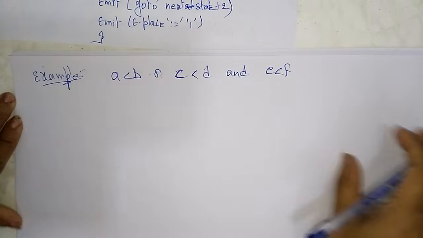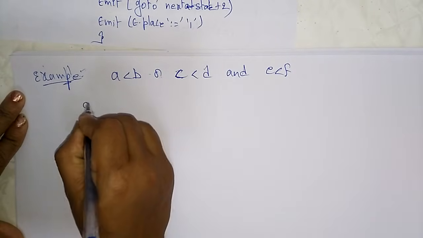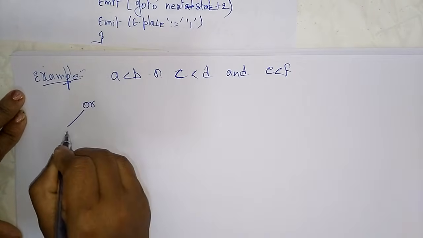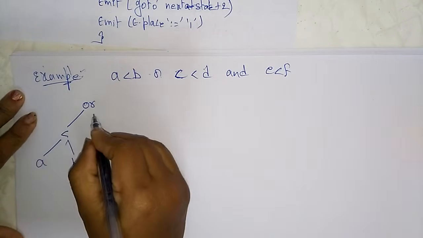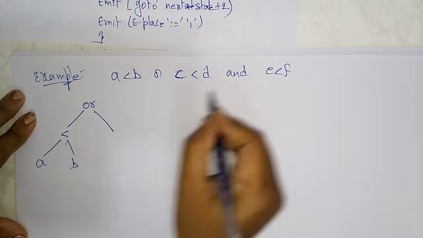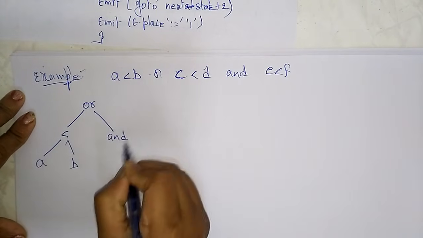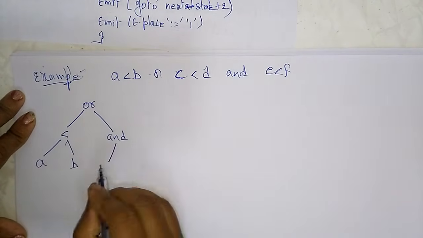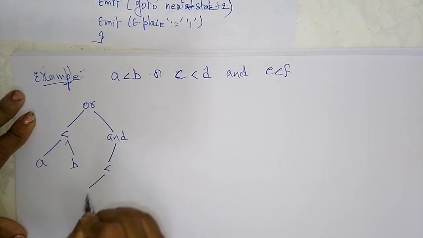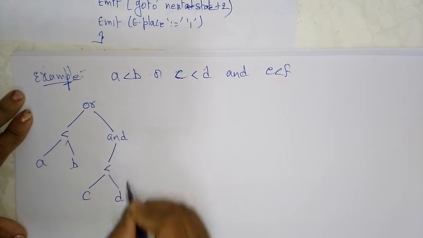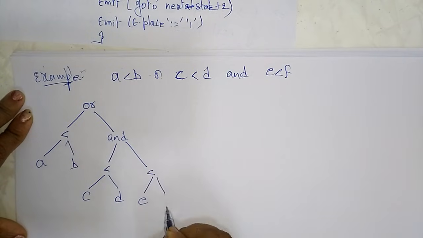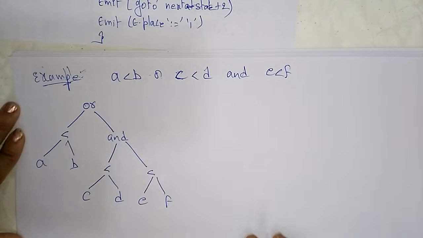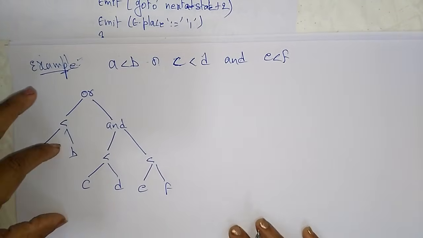First let me draw the diagram. The parse tree has less than A, B, and here AND. This is less than C, D, and this is less than E, F. So for this expression, this is the parse tree.